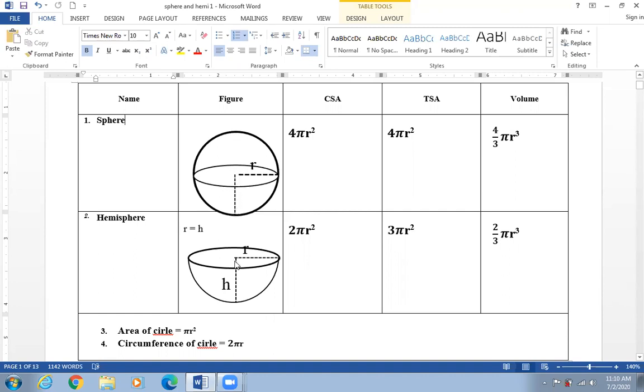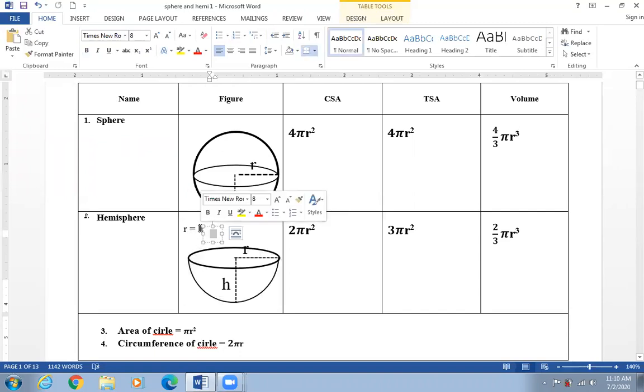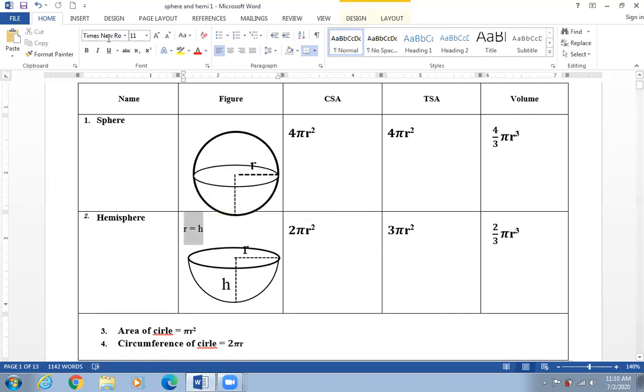But looking at it, it seems like a height. So let us find the height h. But we need to know that in a hemisphere, radius and height are going to be equal in size.